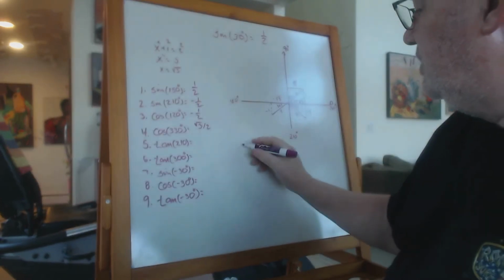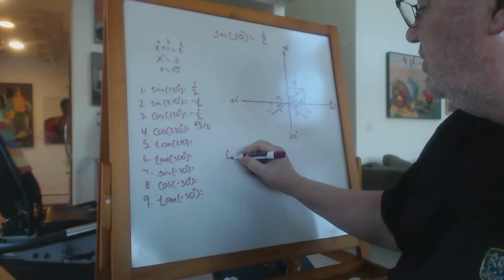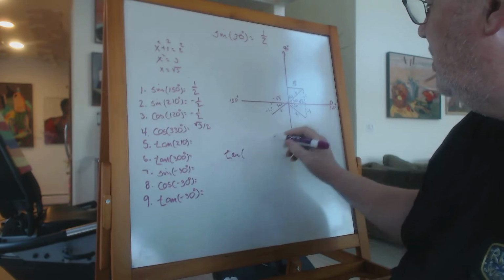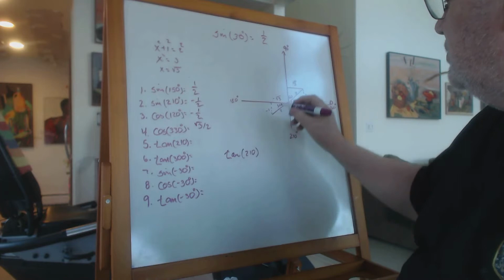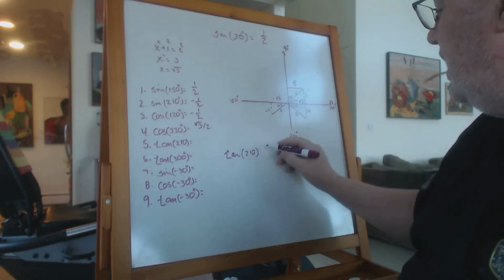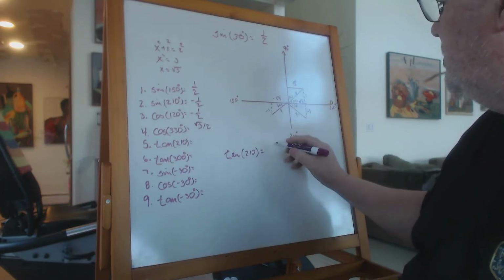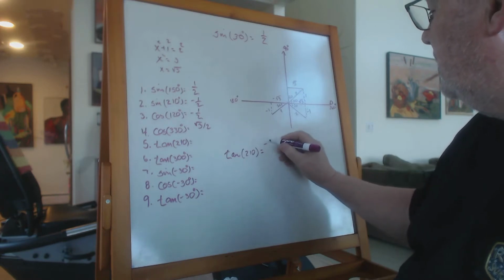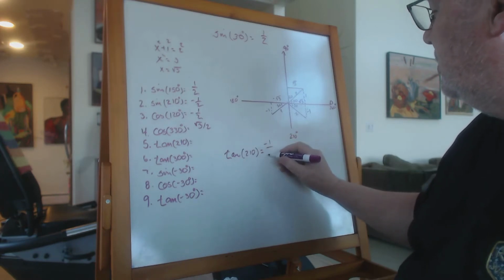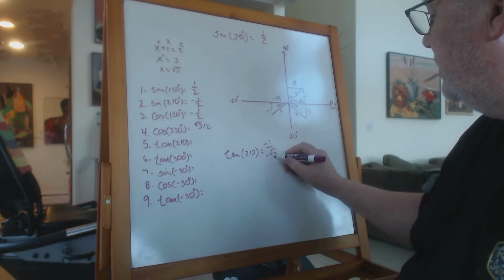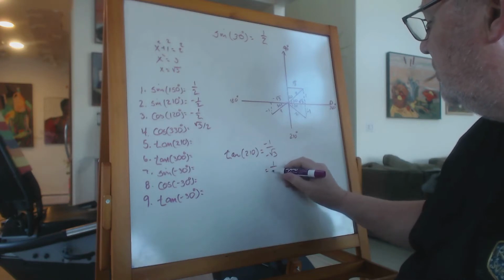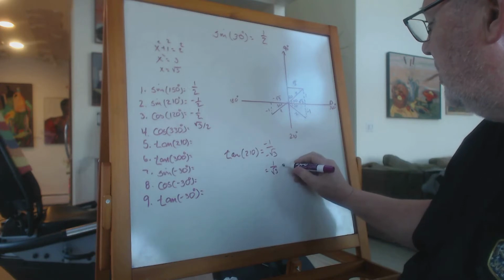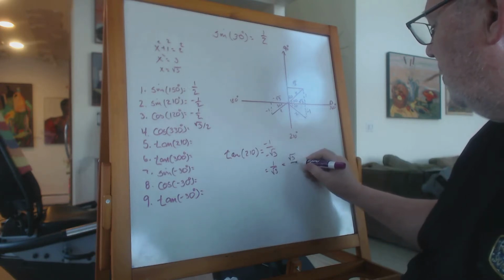And the tangent of 210 is that over that. So that's equal to negative 1 over negative square root of 3, which is equal to 1 over the square root of 3, or square root of 3 over 3.